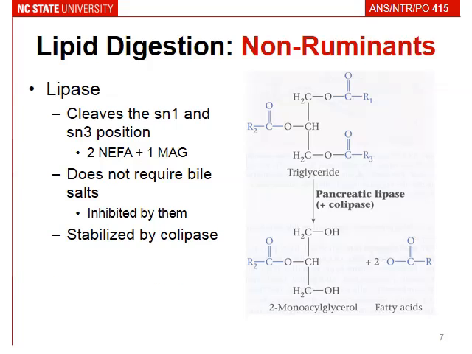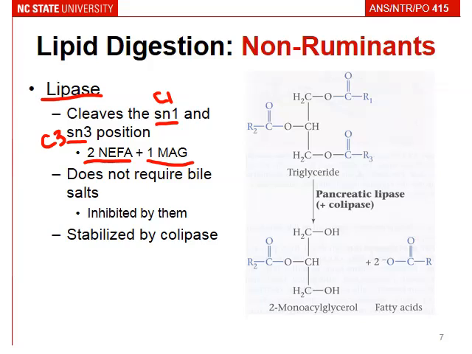The main component of our lipid digestion is primarily lipase. This is the main focus of our lipid digestion, and it cleaves at the SN1 and the SN3 position, so carbon 1 and carbon 3. It leaves that second, middle carbon alone. Therefore, we get 2 non-esterified fatty acids and 1 monoacylglyceride, or 1 MAG.